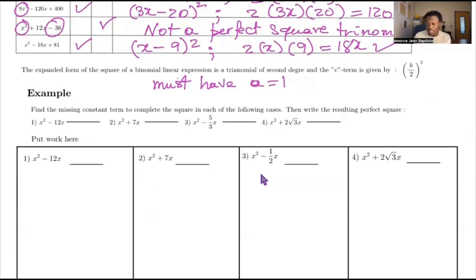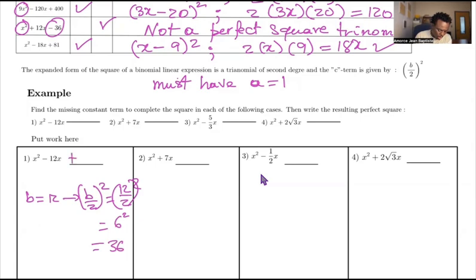So find a constant that will complete the square for each of these situations. So b equals 12. So b over 2 squared is going to be 12 over 2 squared, which is 6 squared, that's 36.